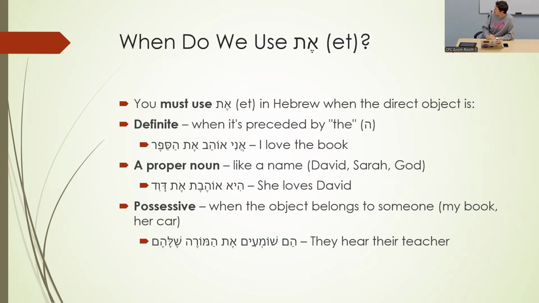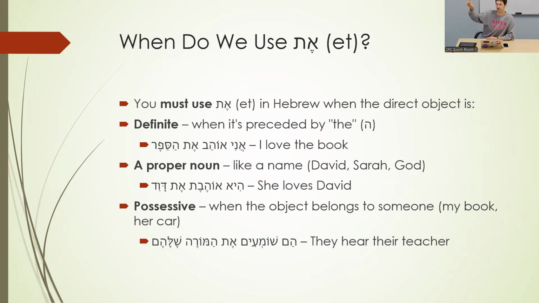The et is used when the object is preceded by the letter hey. Ha is the definite article, right? We were talking about the. So when I say, for example, ani ohev et hasefer, I love the book, it's a definite object.